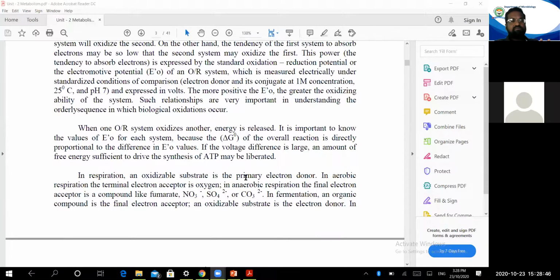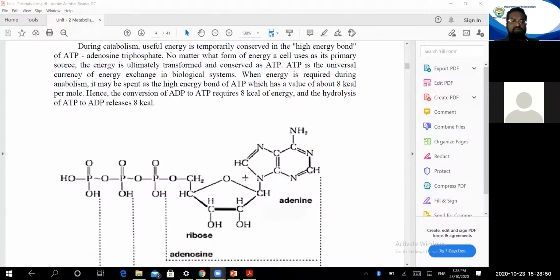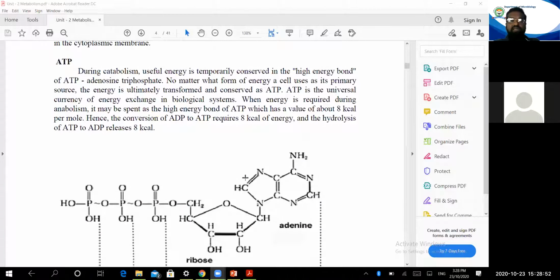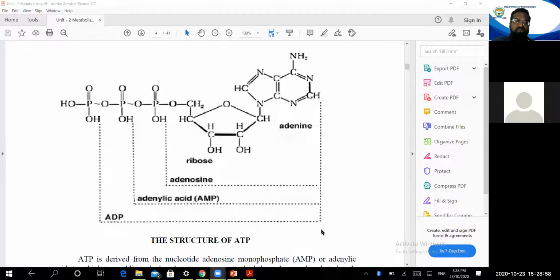Now coming to the energy rich compounds, ATP, how does ATP become an energy rich compound? If you see the structure of the ATP molecule, basically it is a highly phosphorylated form of adenosine.